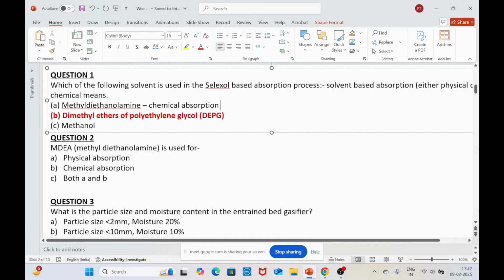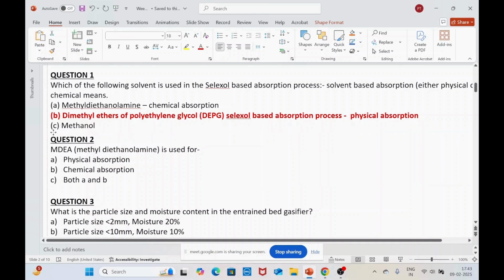What about dimethyl ethers of polyethylene glycol, the Selexol based absorption process? Physical absorption. And what about the third process, which uses methanol?